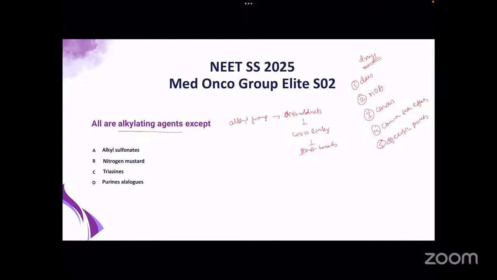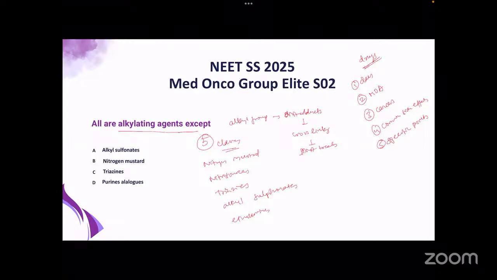And always remember, DeVita gives a classification of 5 classes of alkylating agents: nitrogen mustards, nitrosoureas, triazines, alkyl sulfonates, and ethylenimines or methylamines.